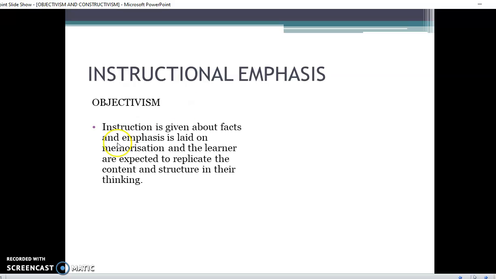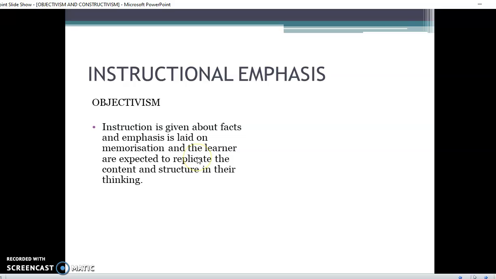Under objectivism, instruction is given about facts and emphasis is laid on memorization, and the learners are expected to replicate the content and structure in their thinking. So they are supposed to replicate whatever the teacher says or does in the classroom.